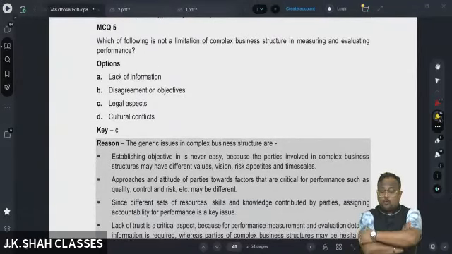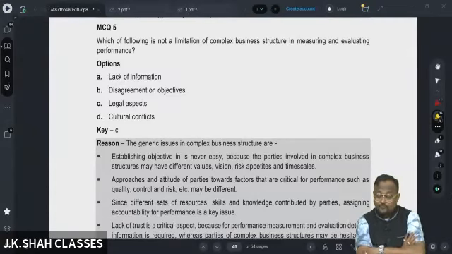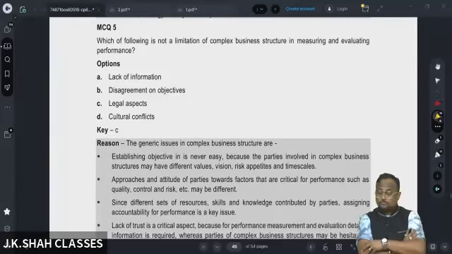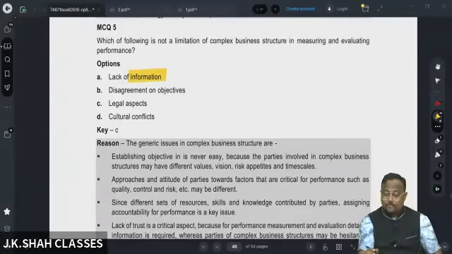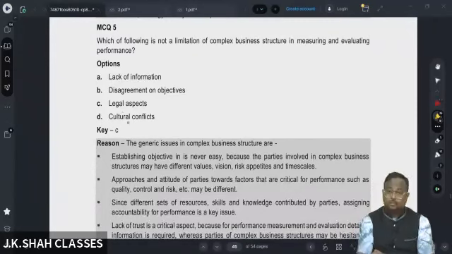MCQ number 5. Which of the following is not a limitation of complex business structure in measuring and evaluating performance? Lack of information, yes, it is a limitation. Disagreement on objective, yes, because it will not allow you to implement the goal. Cultural conflicts, yes.